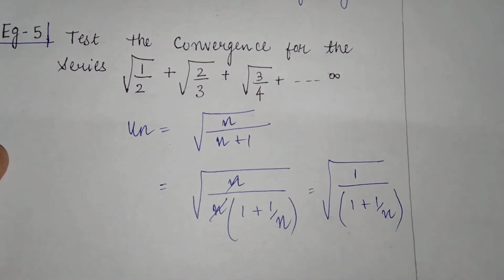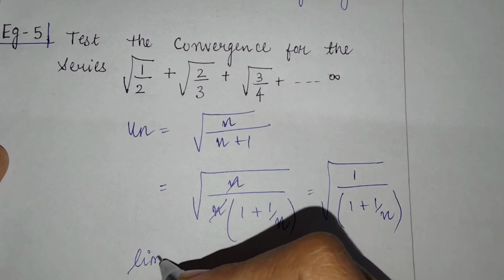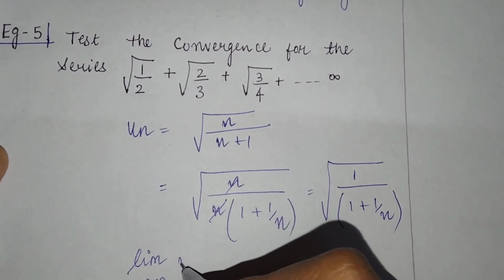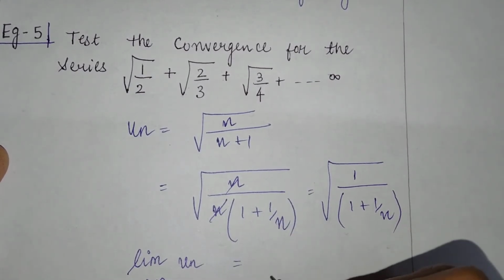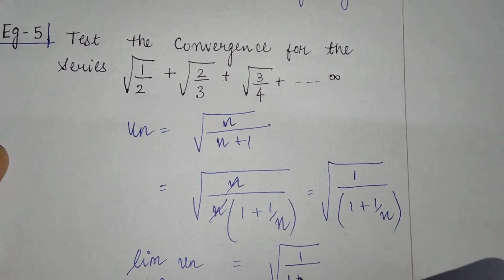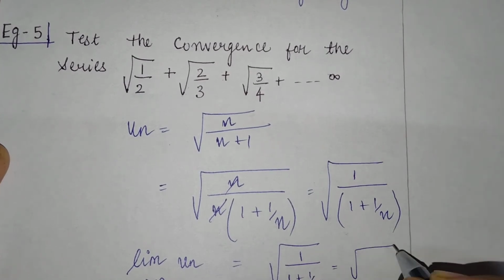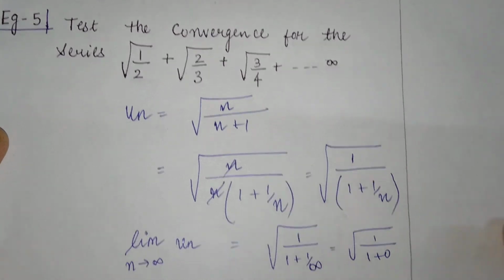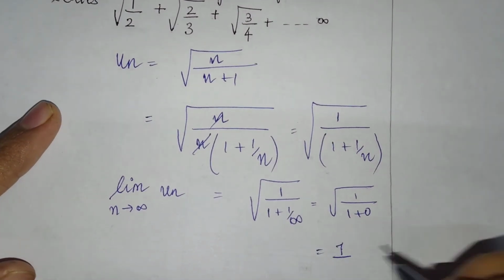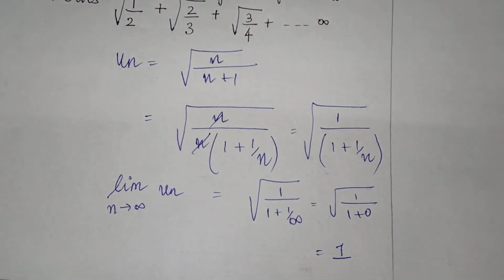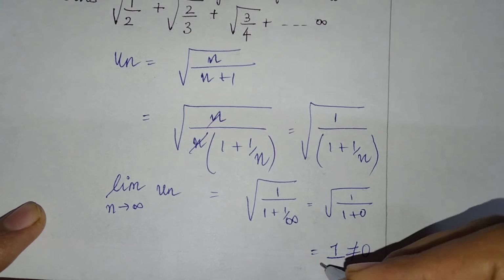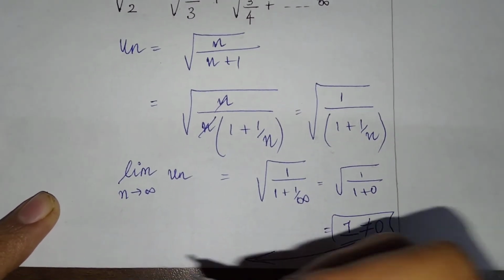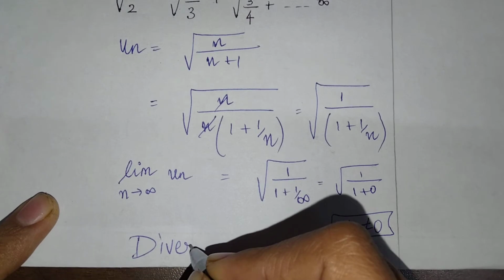Okay? And if I substitute the limit in the un, that is in this equation, then I will get 1 plus 1 by infinity, that is 1 plus 0. So the answer will be 1. But as 1 is not equal to 0, we can directly say that it is divergent.